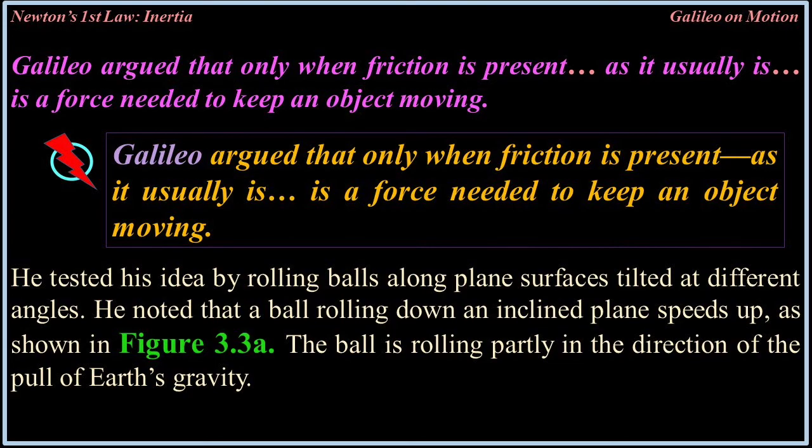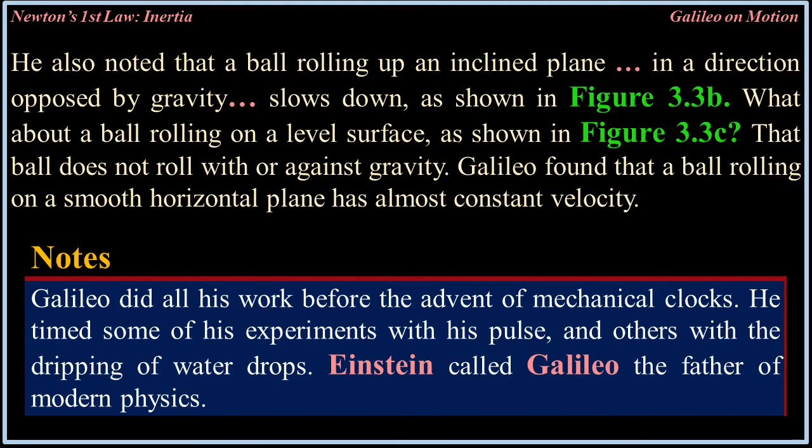He noted that a ball rolling down an inclined plane speeds up, as shown in figure 3.3a. The ball is rolling partly in the direction of the pull of Earth's gravity. He also noted that a ball rolling up an inclined plane, in a direction opposed by gravity, slows down, as shown in figure 3.3b.